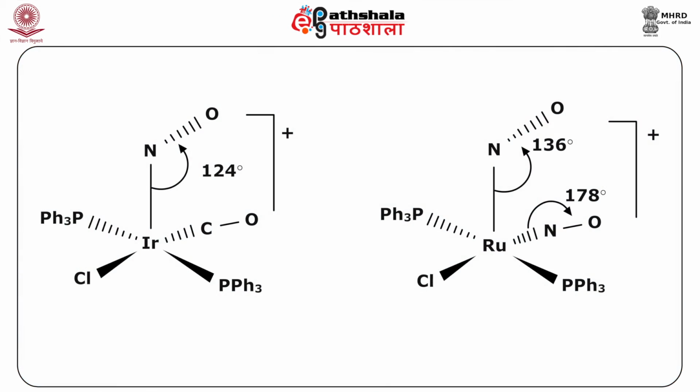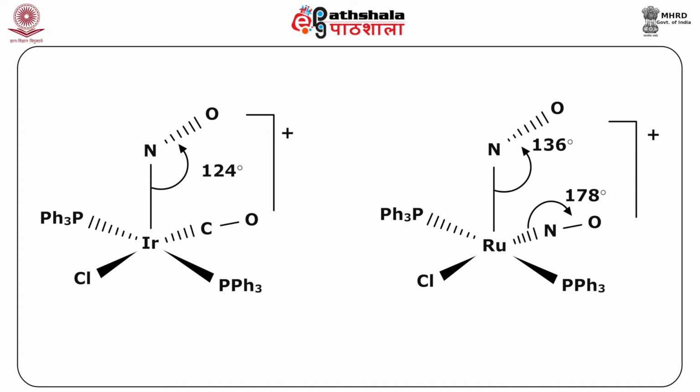For example, the cationic iridium complex shown here was found to have a bond angle of 124 degrees, and there are a large number of other nitrosyl complexes. On the other hand, in a related complex of ruthenium, which is shown here, the CO ligand can be replaced by a second nitrosyl molecule, having both linear and bent M-N-O structures as shown in the figure.